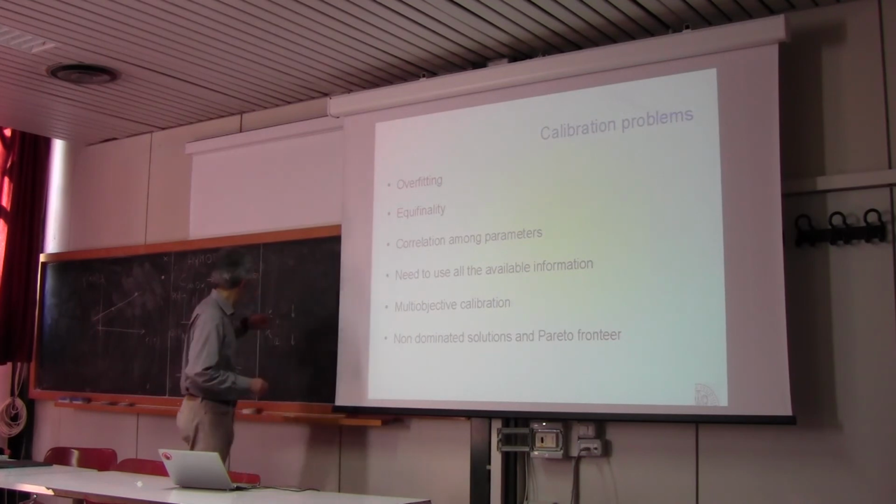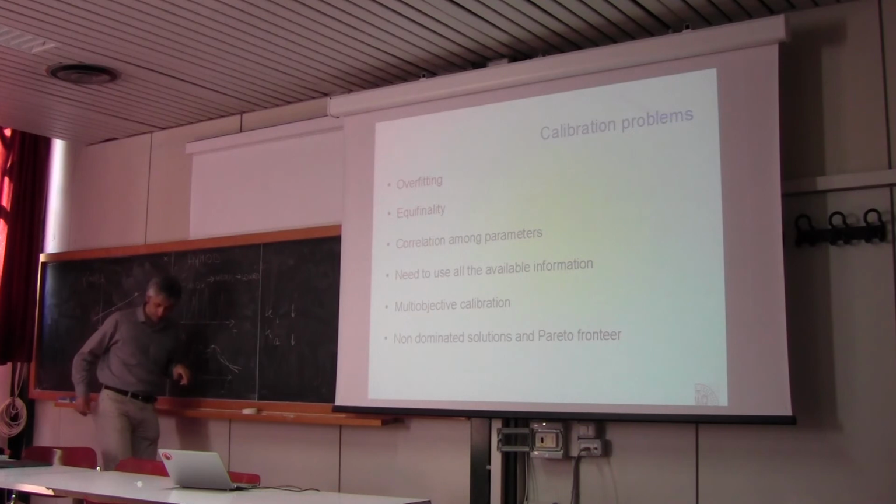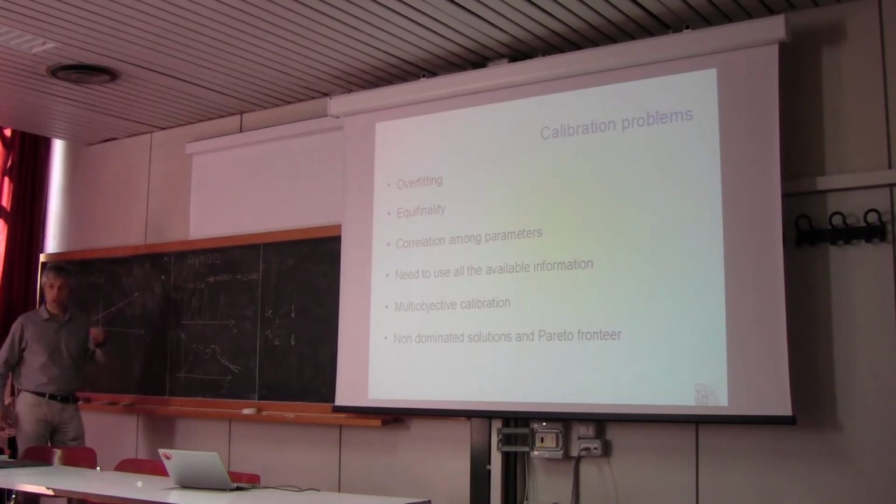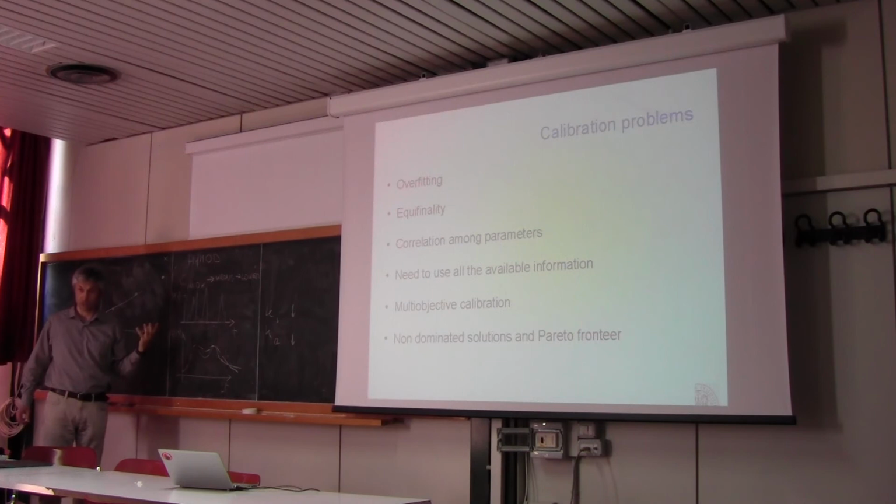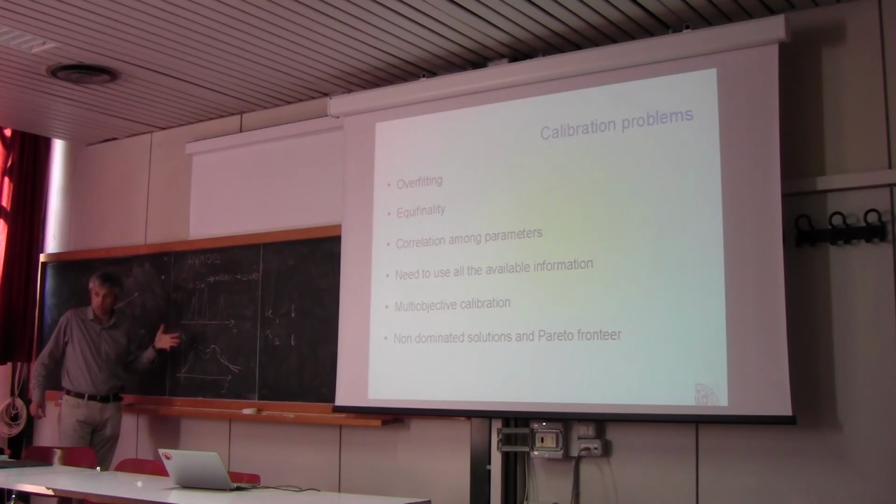In a way, you have an observed hydrograph, which is your term of comparison. When you use an objective function, you are trying to synthesize the information given by the hydrograph. So when you compute the least squares, you are synthesizing the information that the observed hydrograph gives to you.